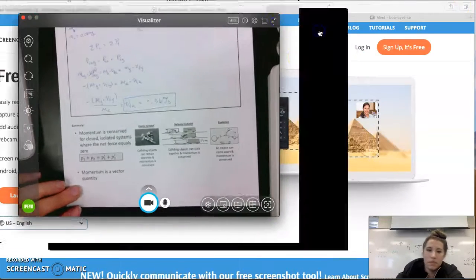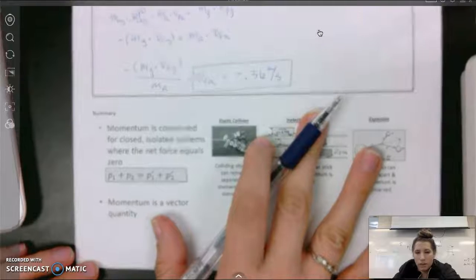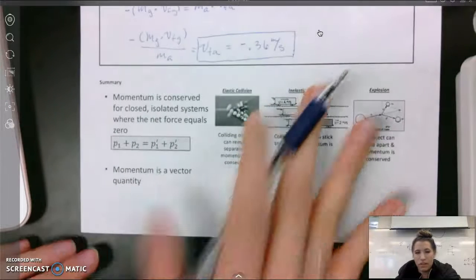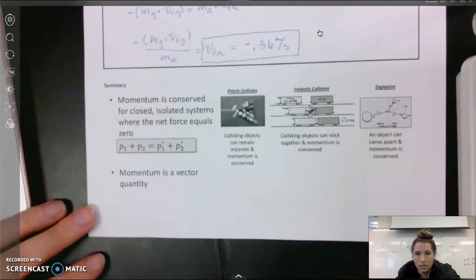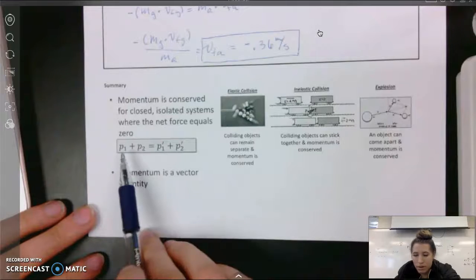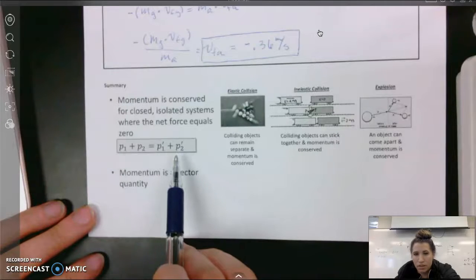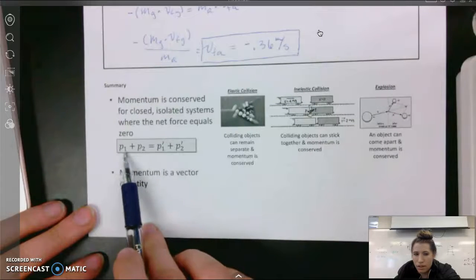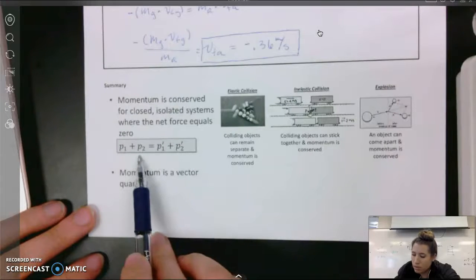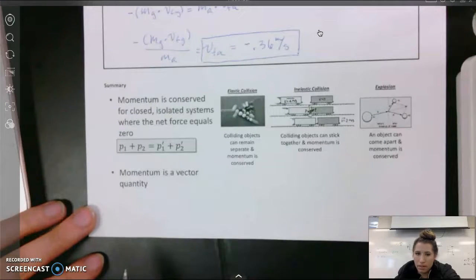So, summary. Elastic collisions, inelastic collisions, and explosions. Well, we know that whatever we start with is what we end with. And typically when we're elastic, we are separate beings when we start and we're separate beings when we end, right?